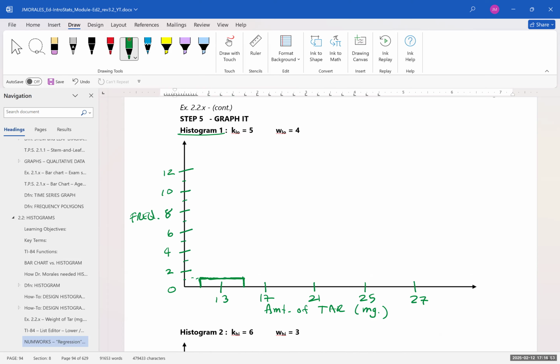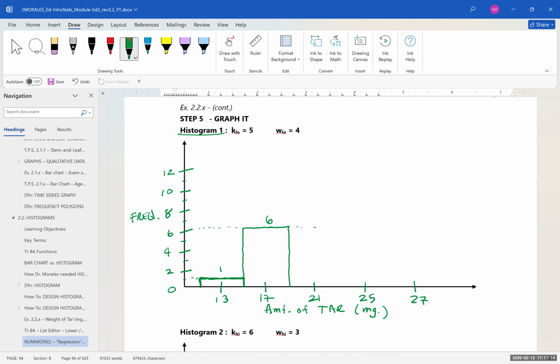Class 2 had a frequency of 6. So I'm going to draw 6 across like this, just dashed lines. I'm going to go up to that line and then over. Let me print the frequencies right above the top here. All right, so this is class 2.